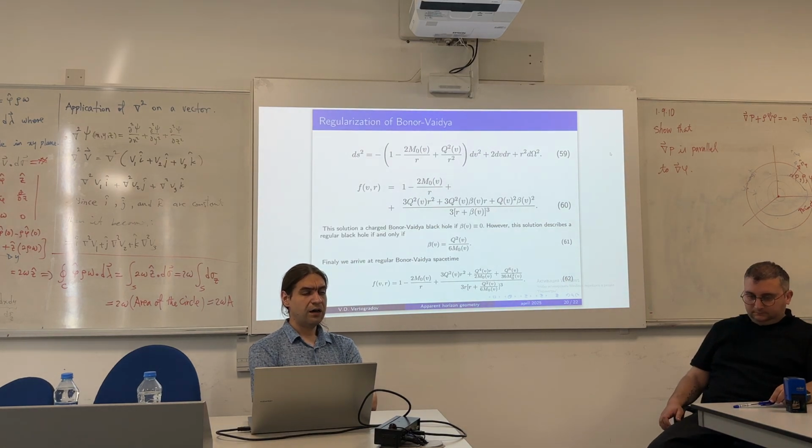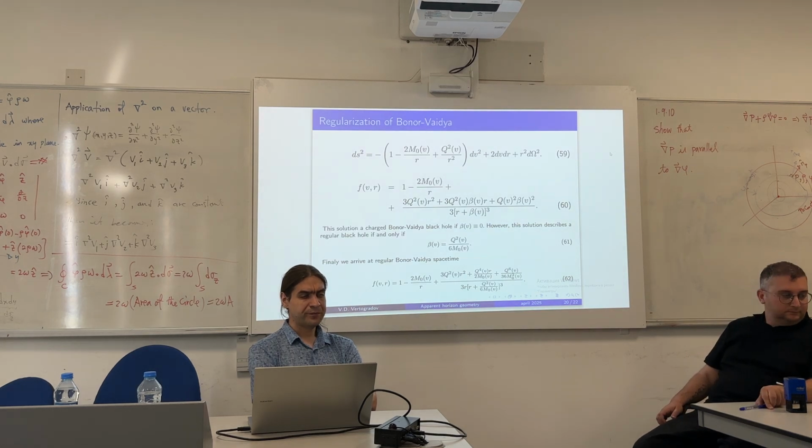So maybe it's the first solution where we can regularize a charged spacetime. But anyway, you can ask me, what is this beta? How do we have this barotropic equation of state? Then we have this strange matter with this beta.